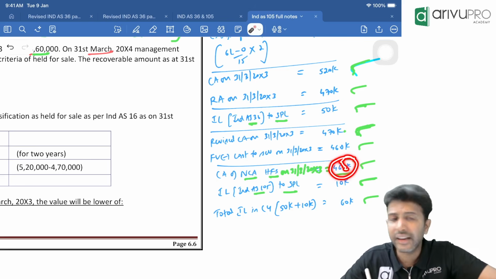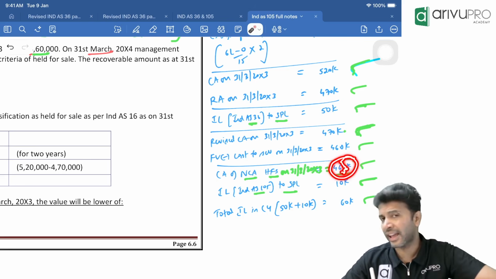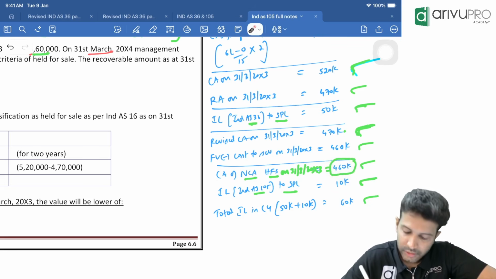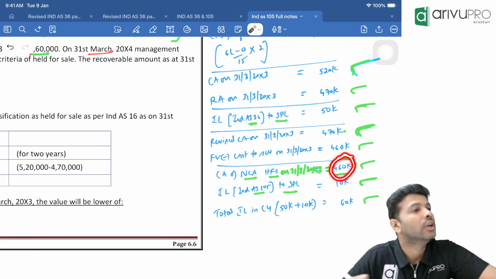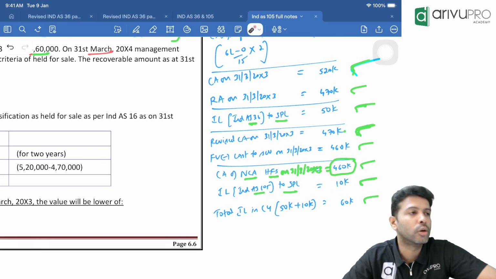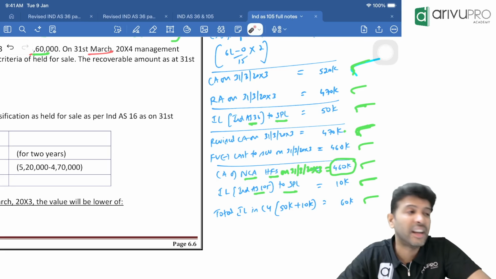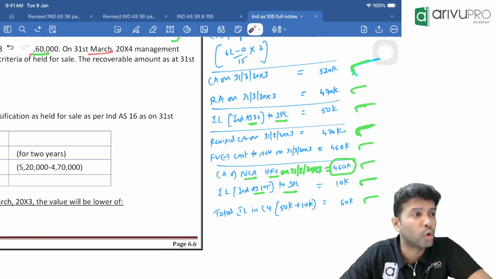For the second year ended also, the existing carrying amount is 460. This is the year 1 ended value. I'm saying the year 2 ended value is also currently in our books at 460. Why? Harish is saying yes. Why? Because once you classify a non-current asset as held for sale, will depreciation come or no depreciation?